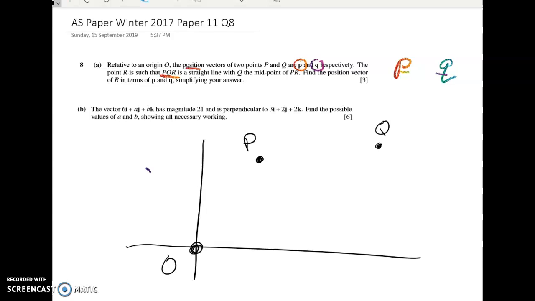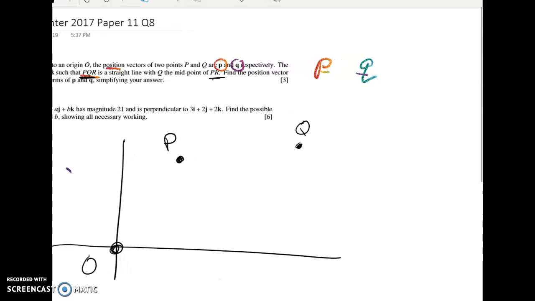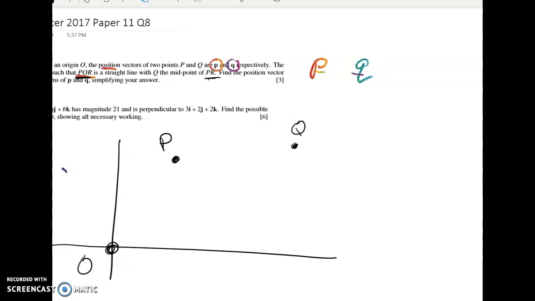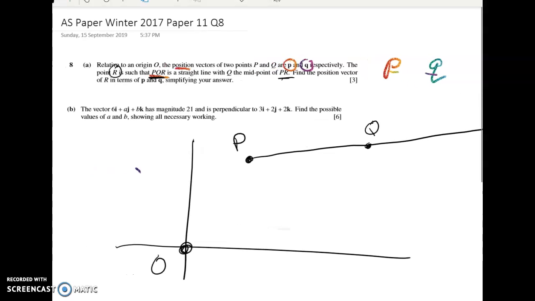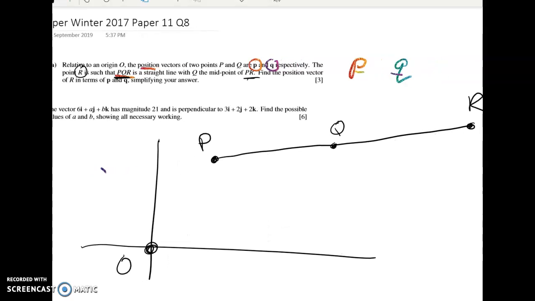The point R is such that PQR is a straight line with Q the midpoint of PR. I've not left enough space, but this is all we've got. PQR is a straight line, and Q is the midpoint. So R is about out here, and we have to find the position vector of R in terms of P and Q, simplifying our answer.